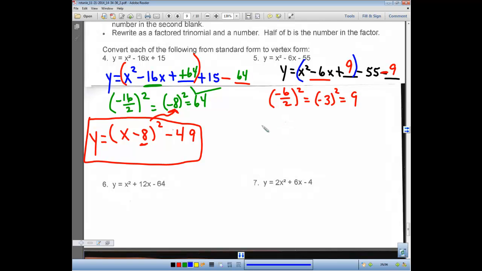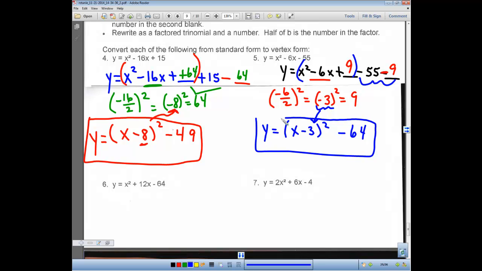This piece right here is x minus 3 squared, and this piece right here is negative 64. Again, we get the negative 3 from this piece. So our quadratic equation is now in vertex form.